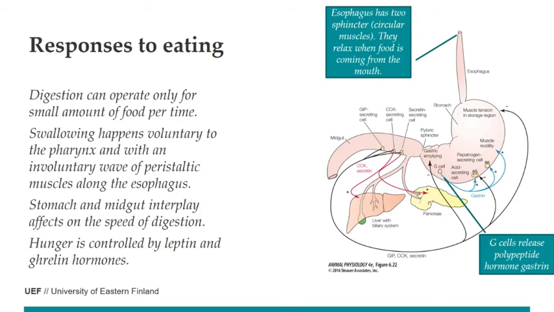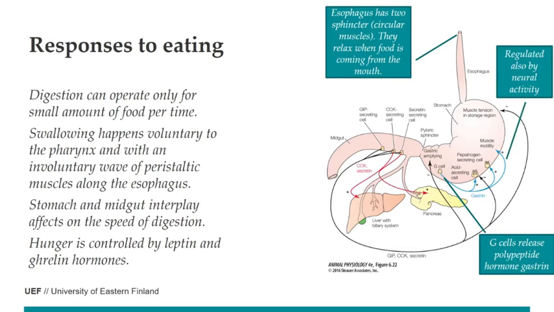Then, when the food is inside the stomach, there are these G cells that release a polypeptide, gastrin. And it affects three places: the cells that secrete acid, the cells that release pepsinogen, meaning pepsin, and the cells that contract to move substances inside the stomach.